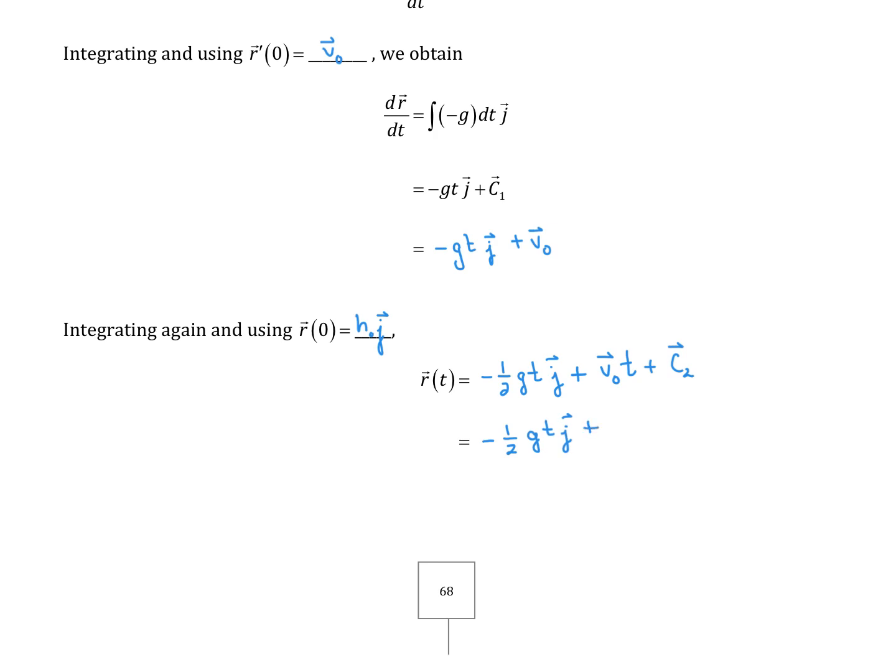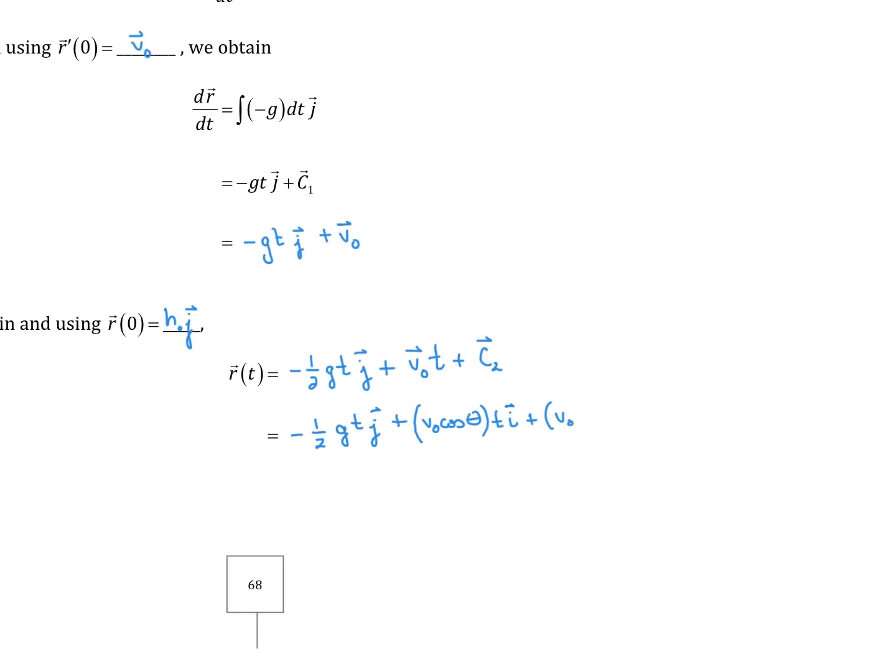Now to make it easier on ourselves in a moment, let's write v naught hat as v naught cosine theta t, and that's i hat, plus v naught sine theta t j hat plus, and we said c2 is h naught j hat.